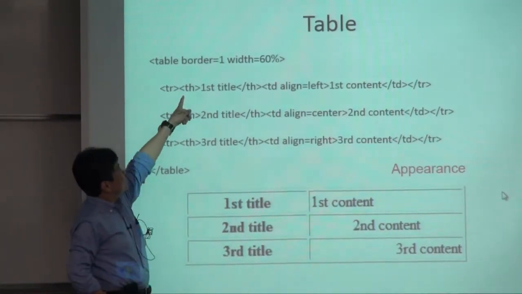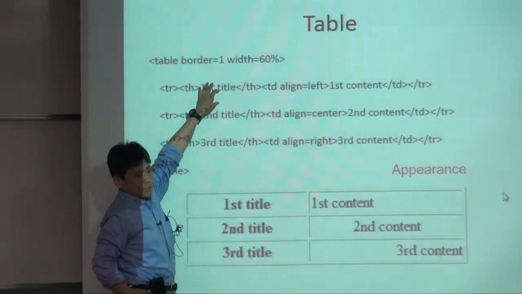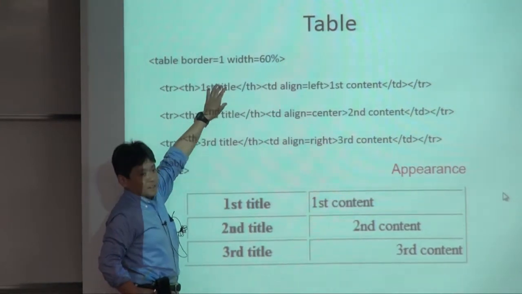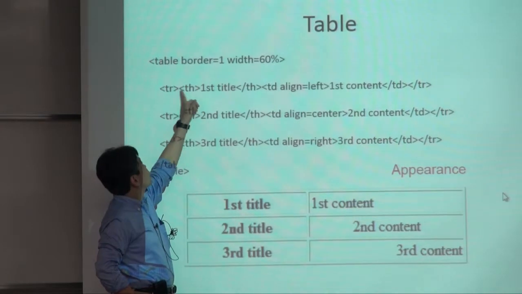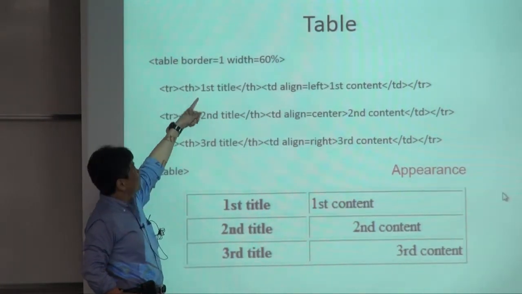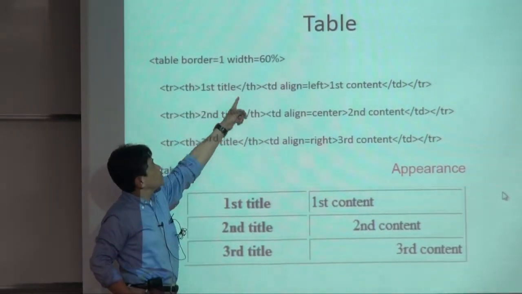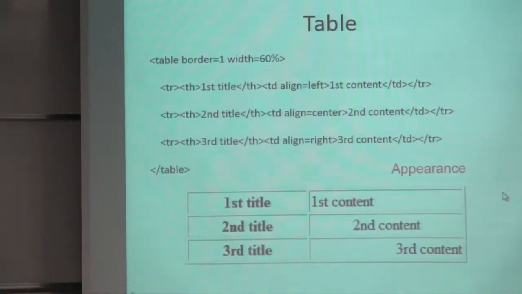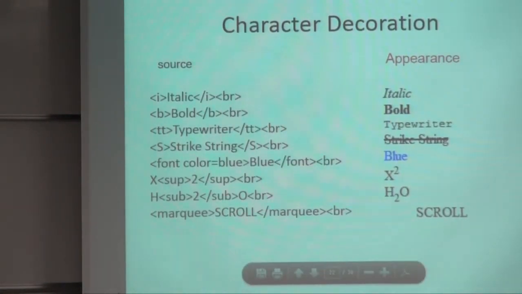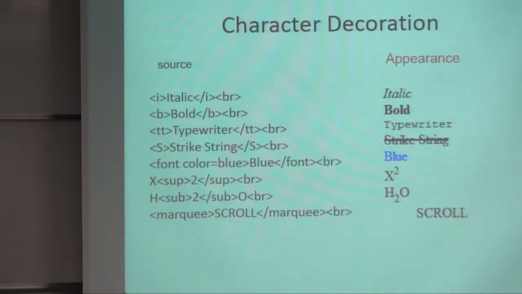So each row includes the header, so the table header for the first row. Okay. So this first title appears here. Okay. And there are some character decorations.